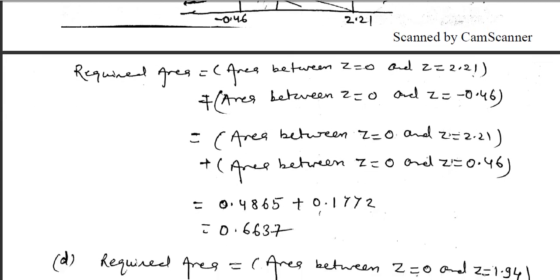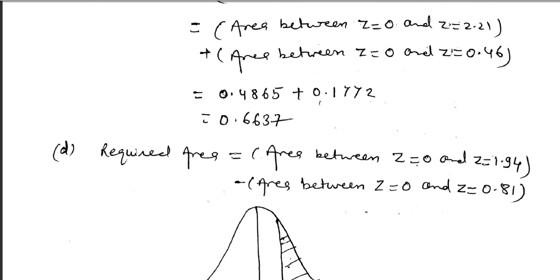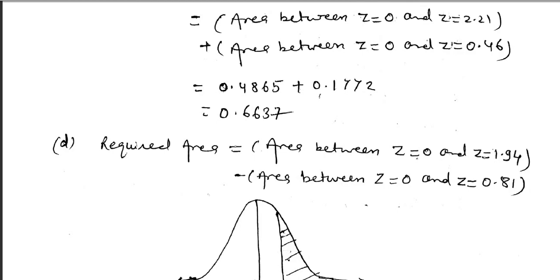Okay, so here this is equal to the area between z equal to 0 and z equal to 2.2 plus the area between z equal to 0 and z equal to 0.46.